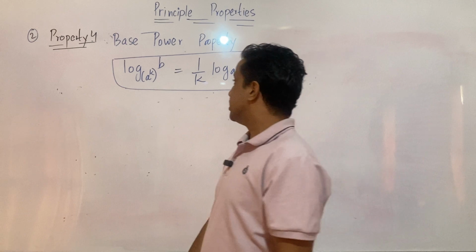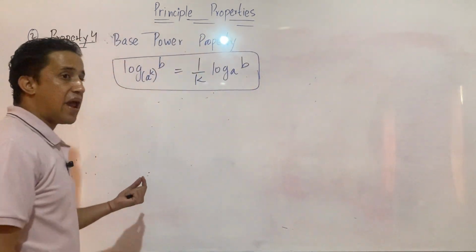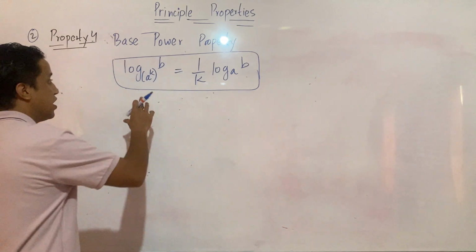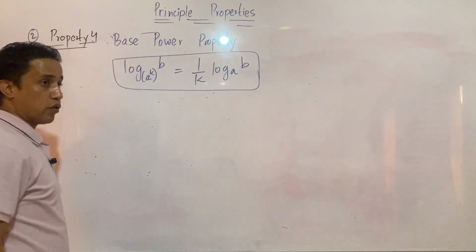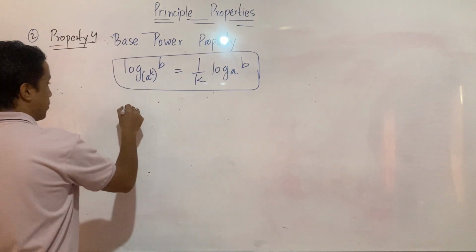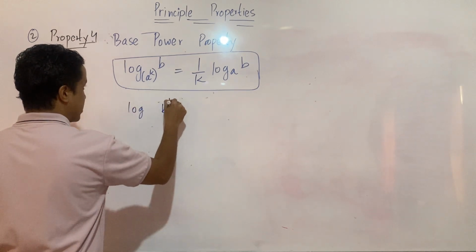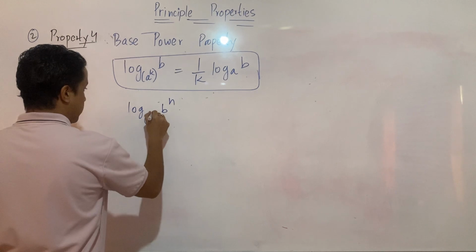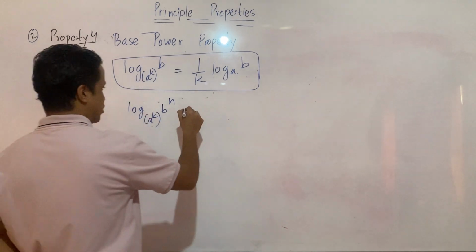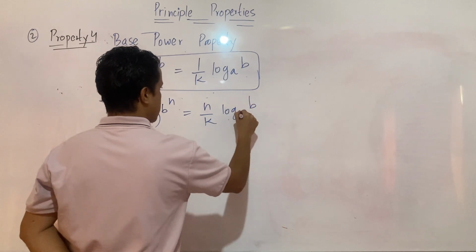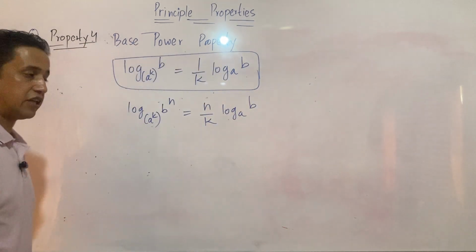It may be possible that the base is raised to a power and the number is also raised to a power. For example, log of b to the base n, and here a to the base k. So it's going to be n by k log b to the base a. So there should be no problem.